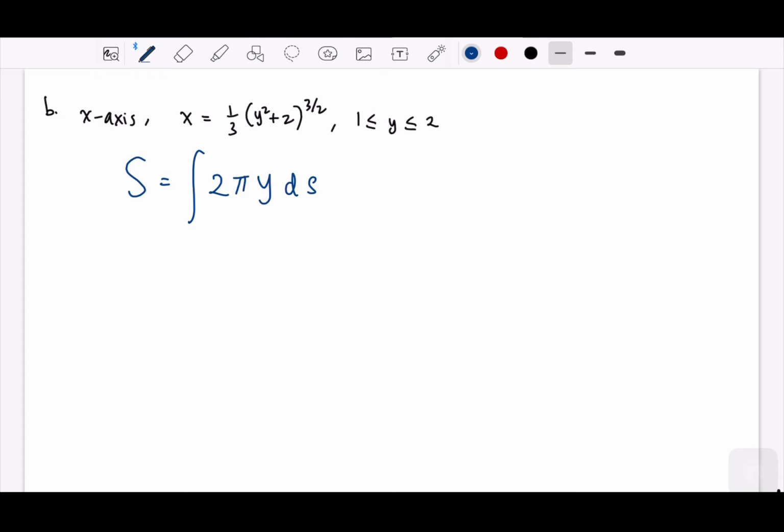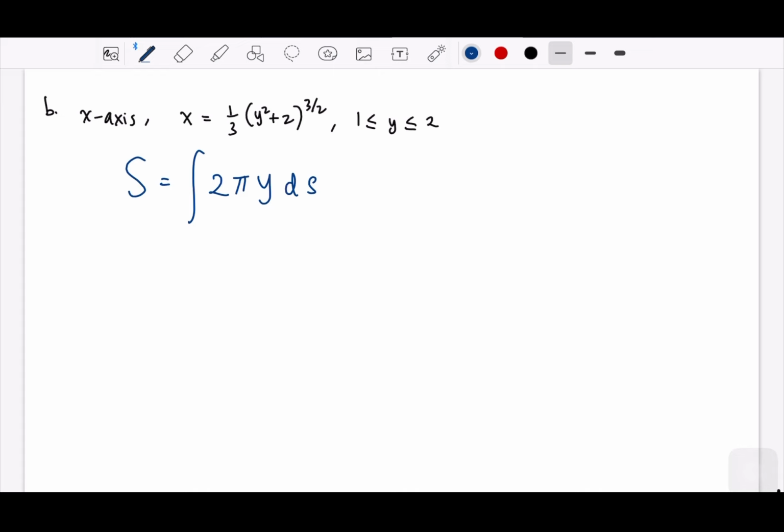If we simplify and make those into functions of x, it will take much time, and sometimes it may not be solvable at all if we take that route. So I think we keep that function as a function of y. What we are going to derive is with respect to y, so dx over dy.